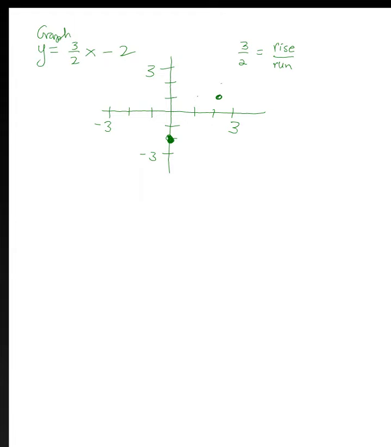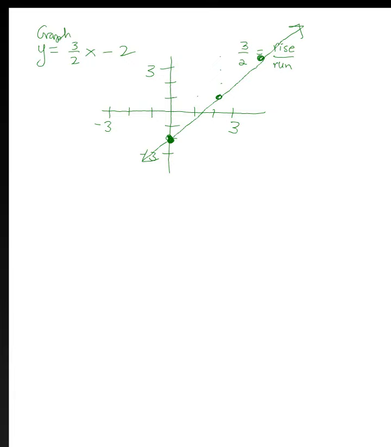I could go up 3, then over 2. You get the idea. Connect the dots and you're all done. That's not too bad for not using a ruler. That's one of my straighter lines, actually. So knowing the slope and knowing the intercept makes graphing very, very easy.